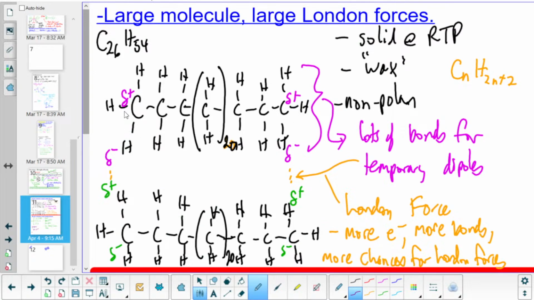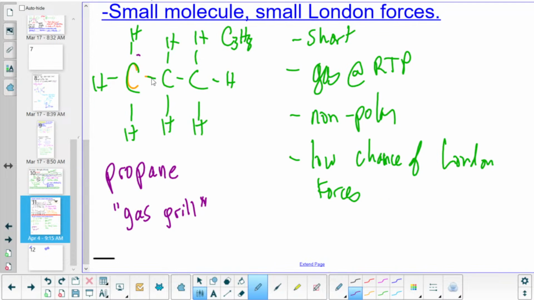You could count them: 2, 4, 6, 8, 10, 12, 14, 16, 18. 18 plus 20 times 6, that's a lot. Whereas this one only has 2, 4, 6, 8, 10, 12, 14, 16, 18 electrons. The amount of electrons something has is dependent on its orbitals and the amount of bonds it has.